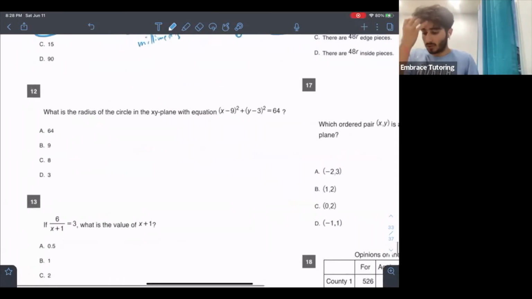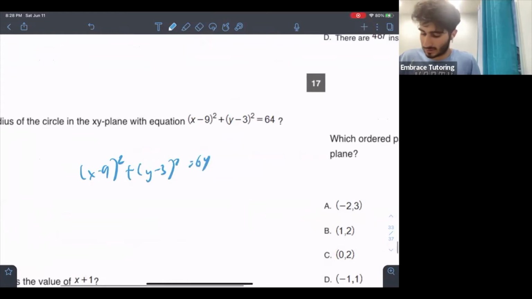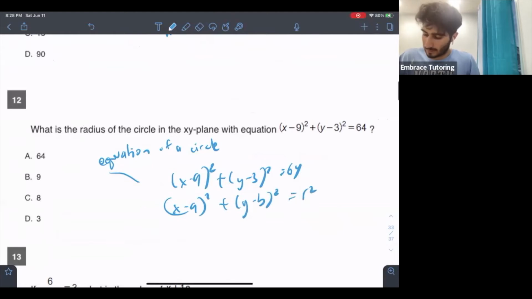Question 12. What is the radius of the circle in the xy plane with the equation x minus 9 squared plus y minus 3 squared is equal to 64? This is the equation of a circle, x minus a squared plus y minus b squared is equal to r squared.